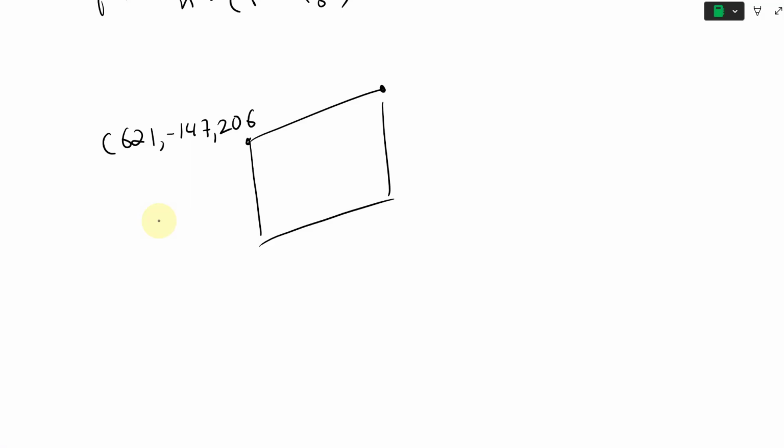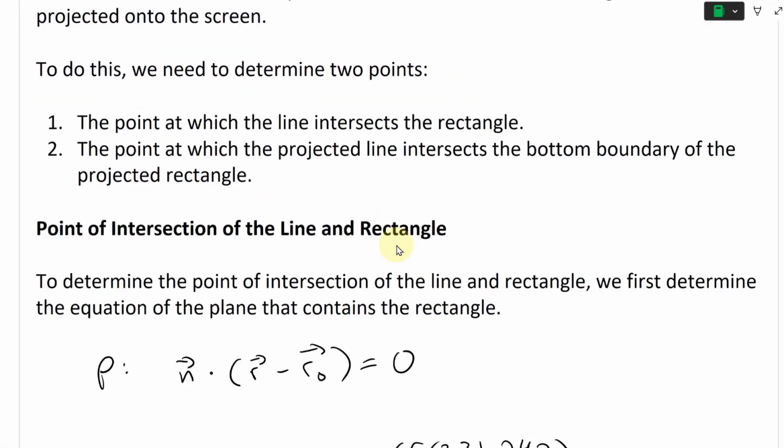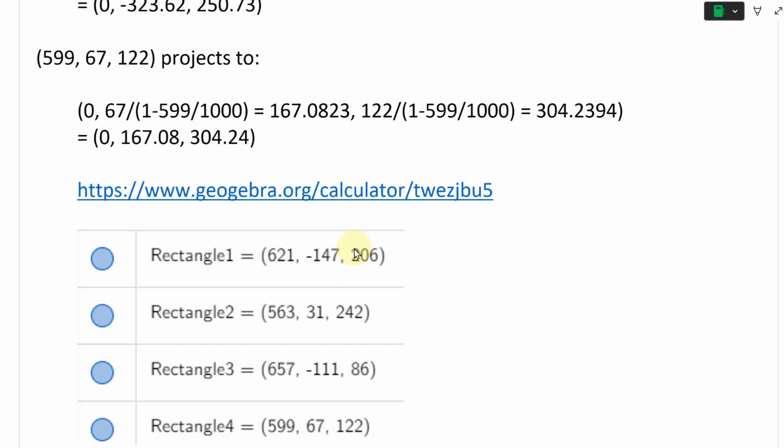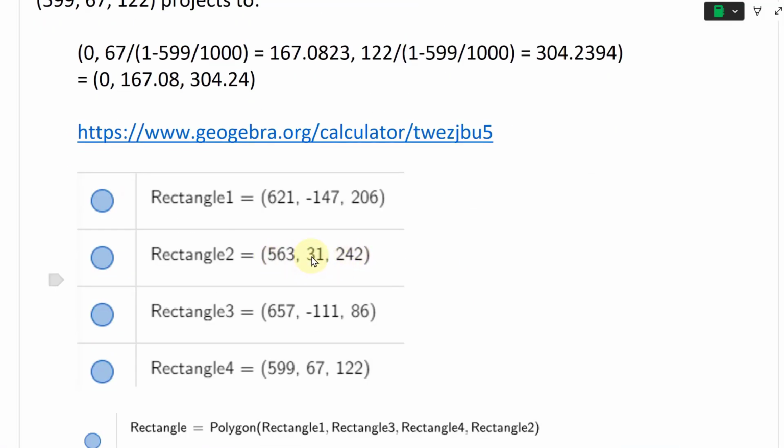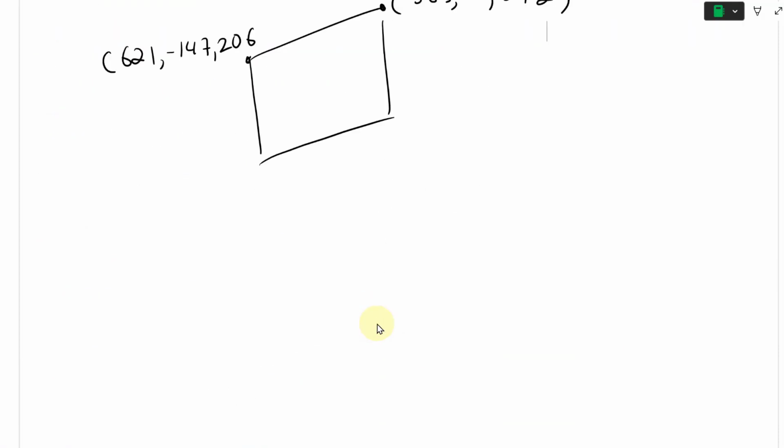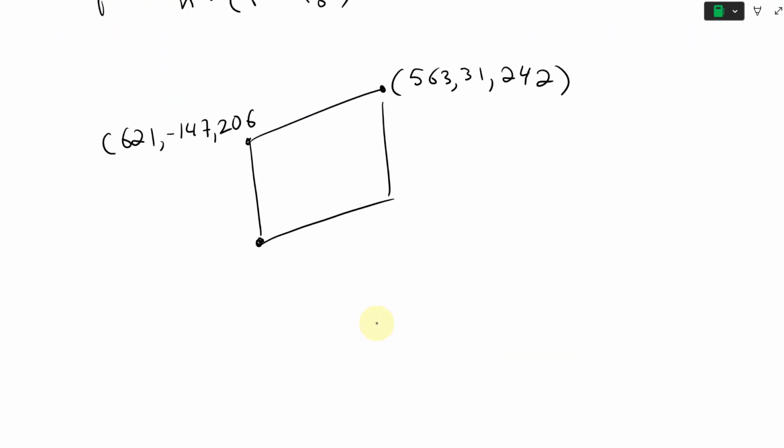Then this next point is going to be 563, 31, and then 242. Now let's just double check. So 563, 31, and then 242. And the next one, 657, negative 111, and then 86. All right, so put that here.